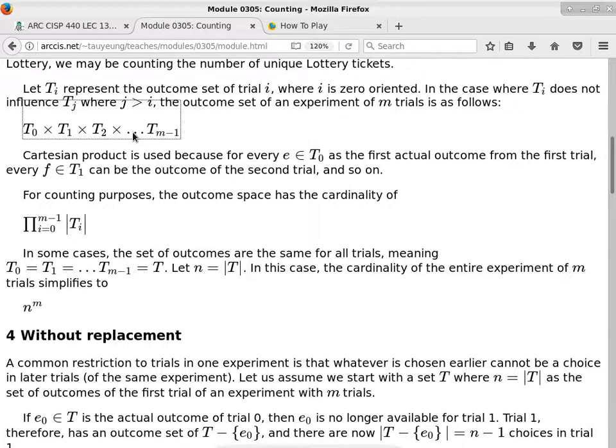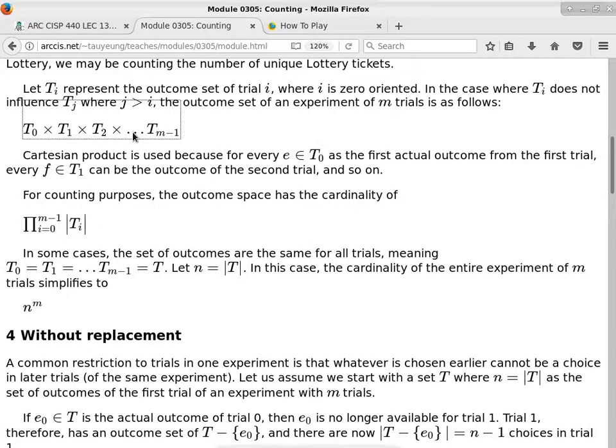Well, in lottery it's more complicated because you cannot use just that anymore. At least for the first instance for T0, and then moving to T1 would be 68. If you just look at the cardinality, the cardinality of T0 is going to be 69, the cardinality of T1 is going to be 68, and so on.